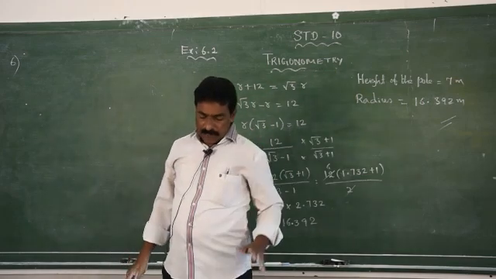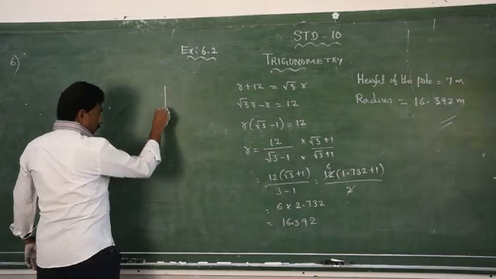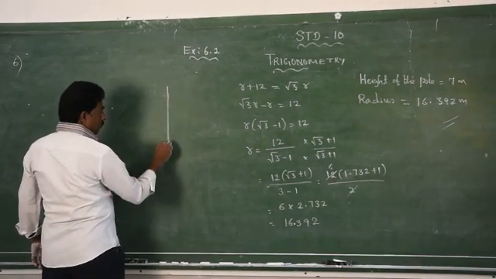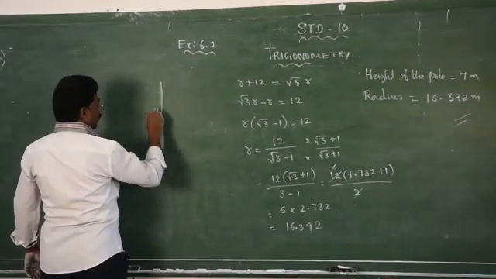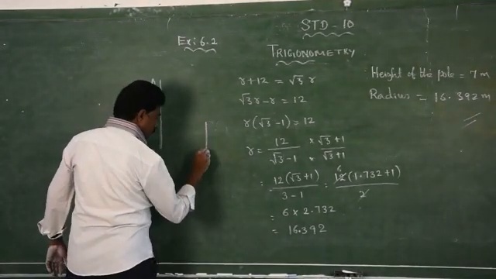So a tower is there and an electric pole. A tower is there, 15 meter. Suppose AB is the tower and an electric pole.